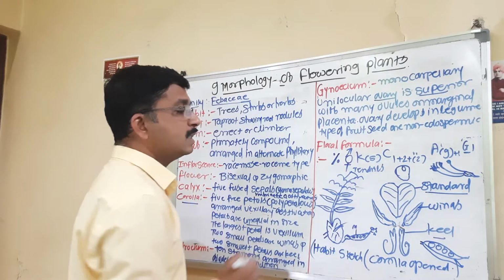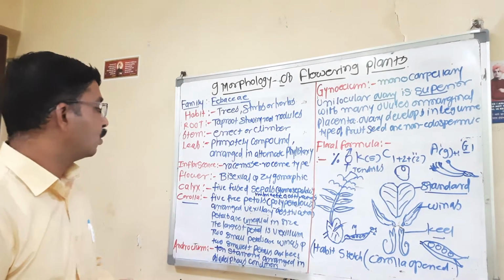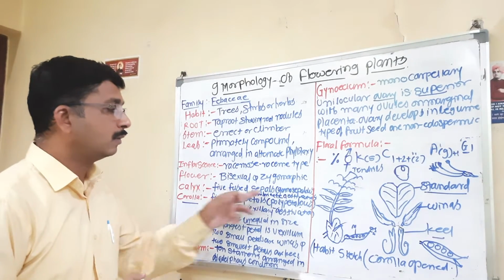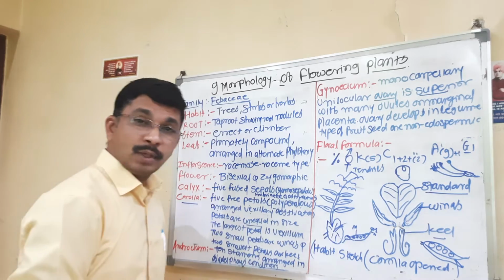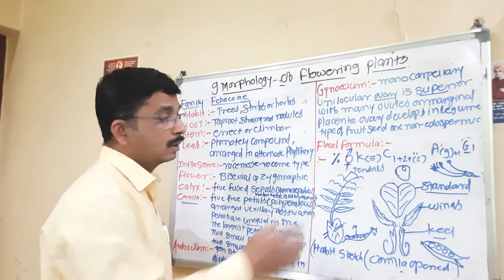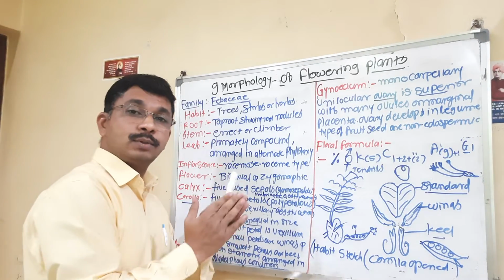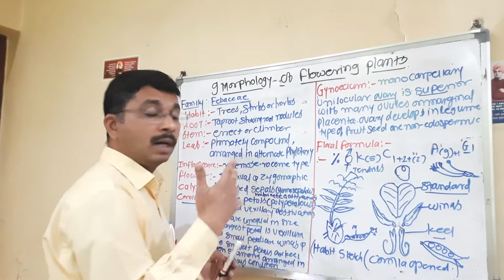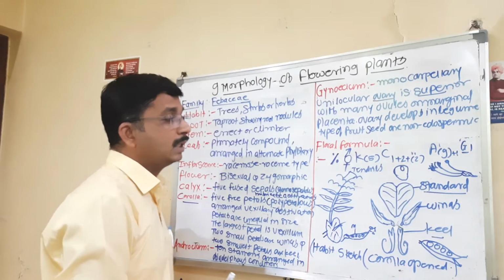This symbol represents zygomorphism, the flower is zygomorphic. Then bisexuality of flower: maleness and femaleness are both present, androecium and gynoecium are present. That's why we represent it with the bisexuality symbol.